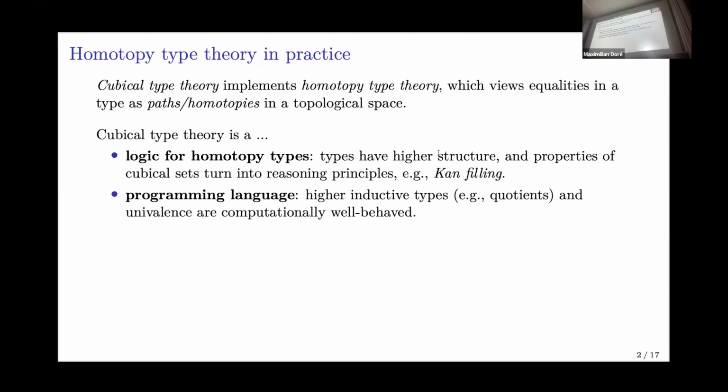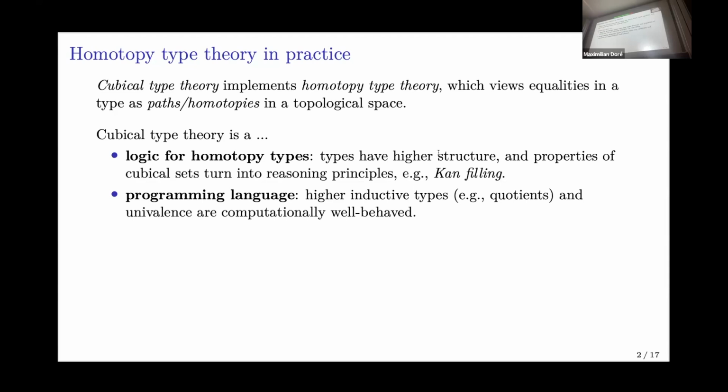So to make sense of an equality between two elements in a type by viewing it as a path, and then if you have a higher equality, an equality between equalities, to treat these as homotopies. And this correspondence was a very fruitful thing to have to make sense of equality in intensional type theory.